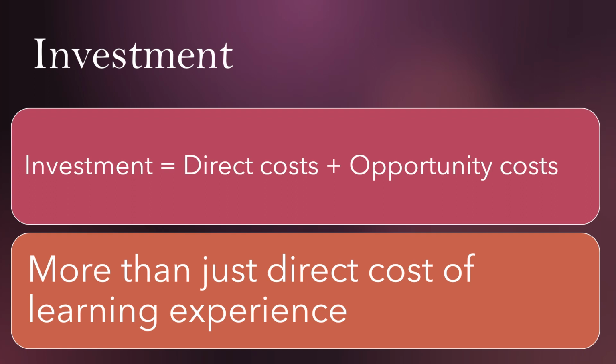Those 3 to 4 years that you lose are known as opportunity costs. These opportunity costs can often outweigh the cost of the learning experience itself. So it's very important to take that into consideration when making your decision based on your learning opportunities.